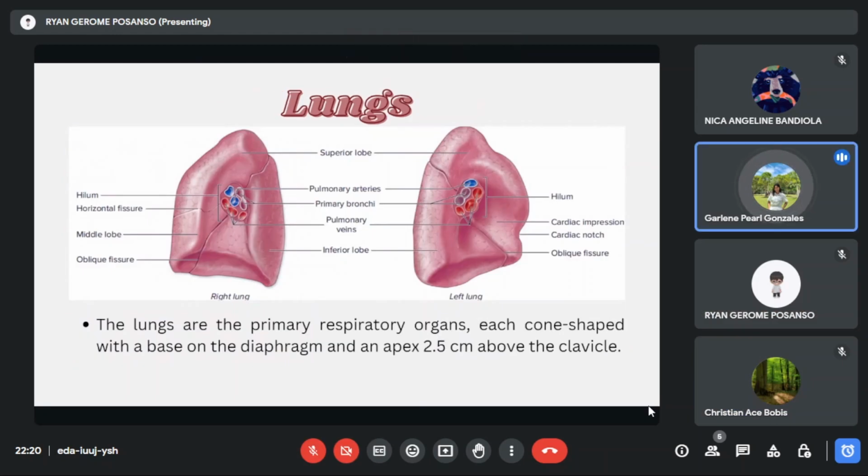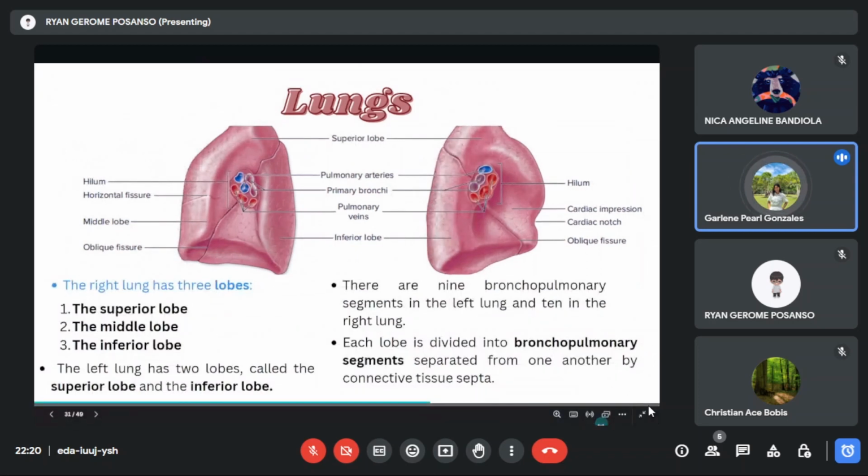So, hi everyone. My part, which is lungs. So, the lungs are the primary respiratory organs, each cone shaped with a base on the diaphragm and an apex 2.5 cm above the clavicle. So, next slide, please. Okay, so the right lung has three lobes.